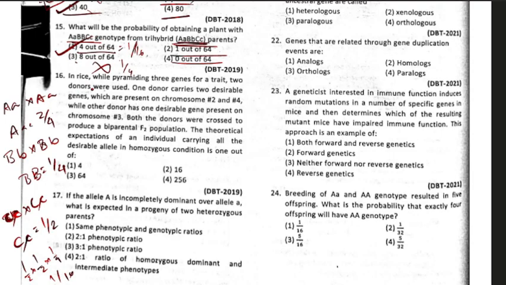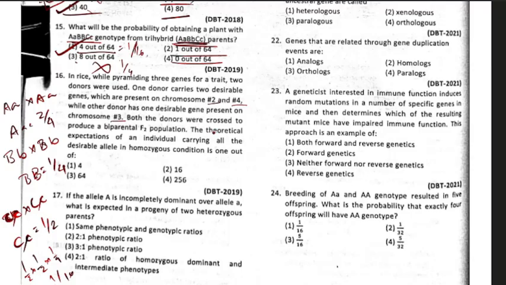Next, in rice, while pyramiding 3 genes of a trait, 2 donors were used. One donor carries 2 desirable genes, on chromosome number 2 and chromosome number 4, while the other donor has 1 desirable gene on chromosome number 3.